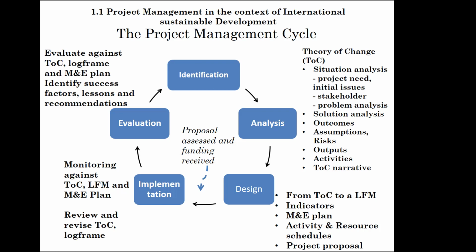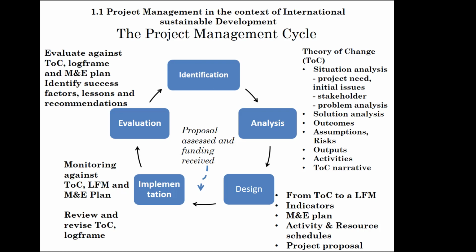From there on, we will then move to the design phase of the project cycle management, where we translate this theory of change to a log frame matrix that is composed of indicators according to each result that we then need for setting up a monitoring and evaluation plan. So basically what I have explained to you in the introductory session recorded previously.